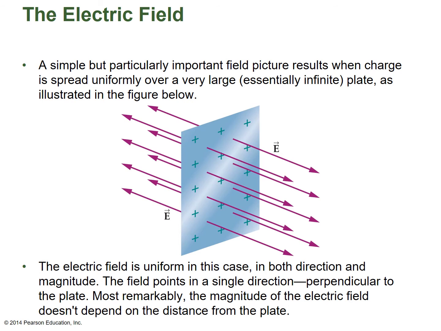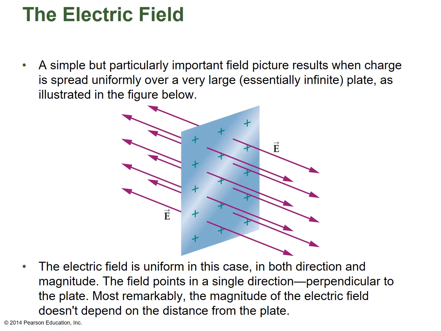We will consider this plate as an infinite sheet of charges. What does it mean to say infinite sheet or infinite plate? It means that the dimension of the plate is much larger than the distance to the points at which we calculate the electric field.